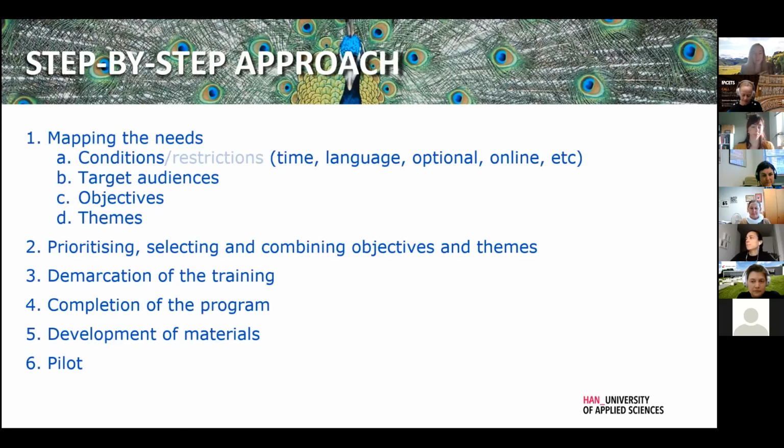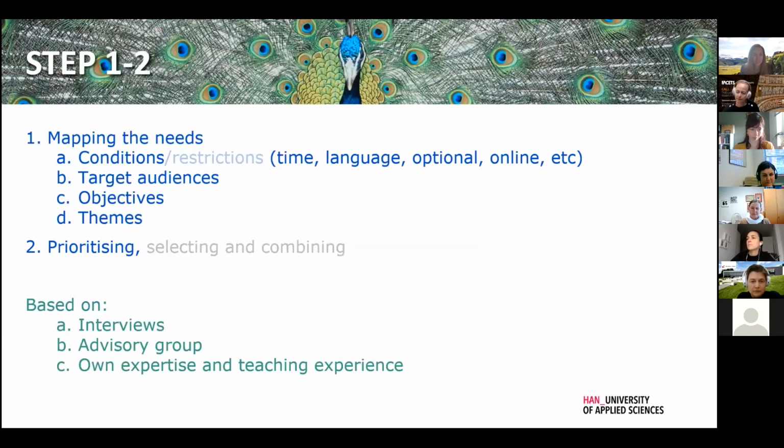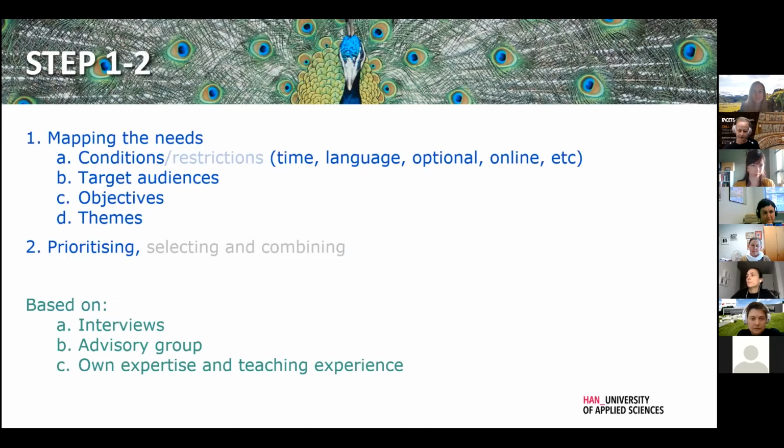We are now in the stage of step 4. So I can show you what we did in step 1 and 2.